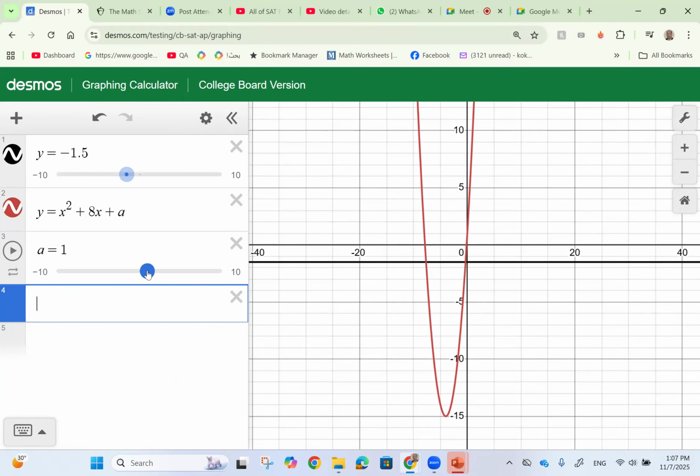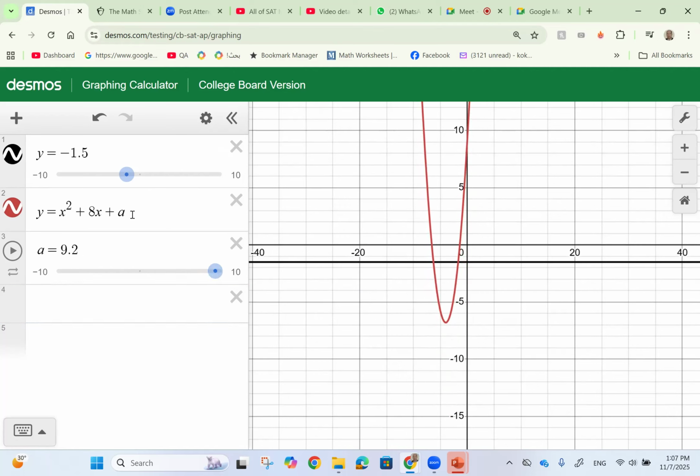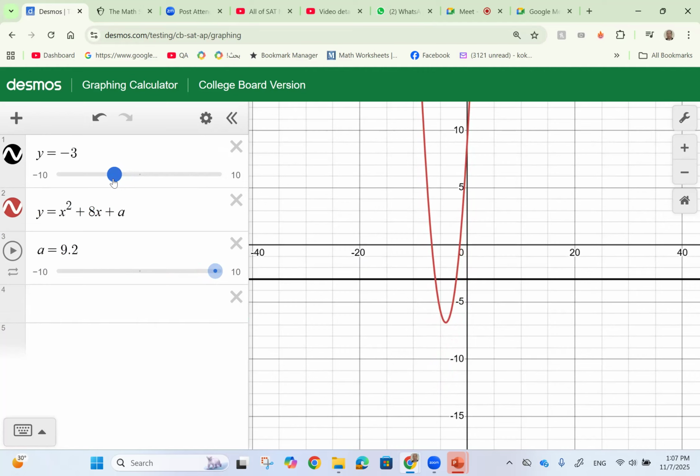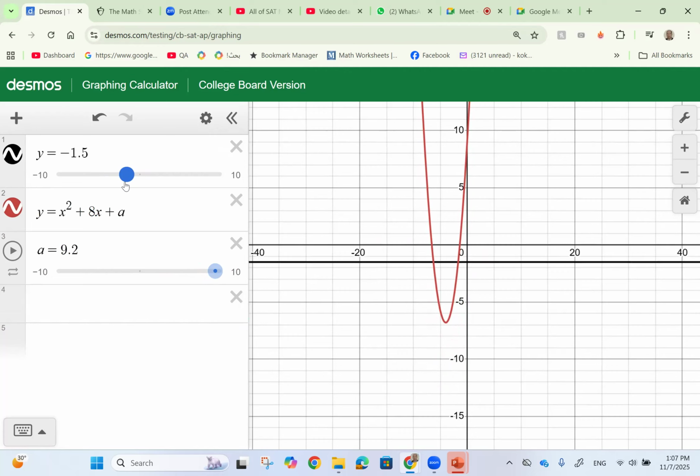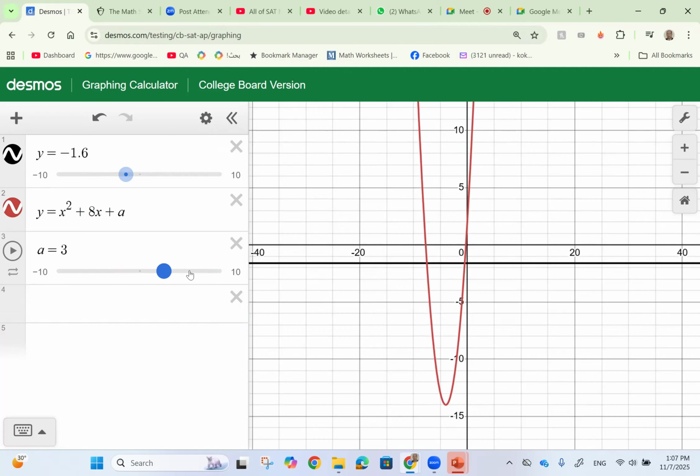You try to arrange it, you try to move it here. If you slide here, y equals negative 1.5 is fixed. I try to move this one, but for this one you have to adjust the range of it.